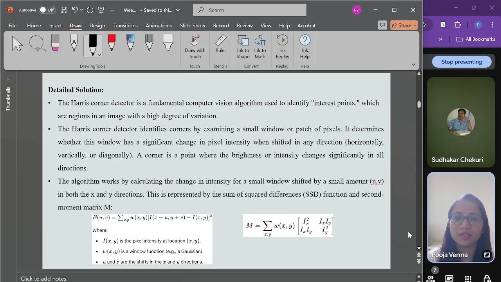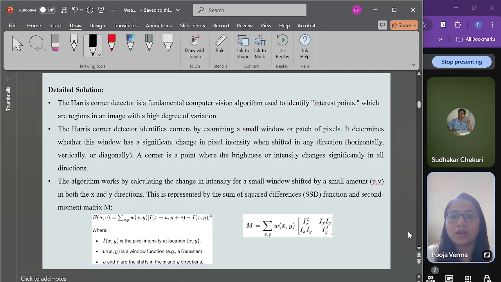Basically, Harris corner detectors identify corners by examining a small window or patches of pixels, and it determines whether this window has a significant change in pixel intensity when shifted in any direction, either horizontally, vertically, or diagonally. A corner is a point where the brightness or intensity changes significantly in all directions.